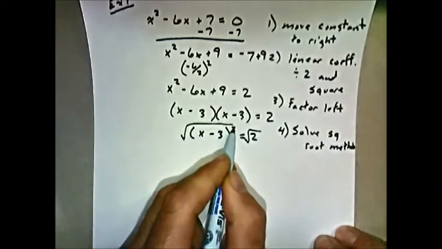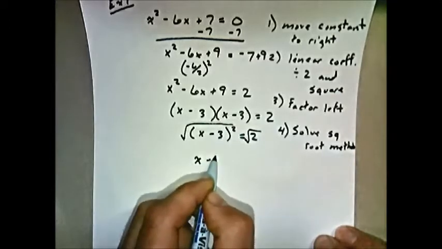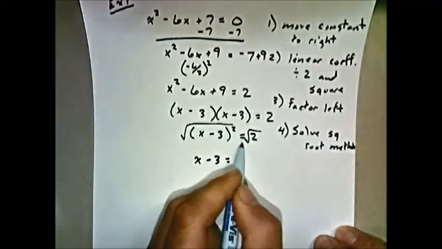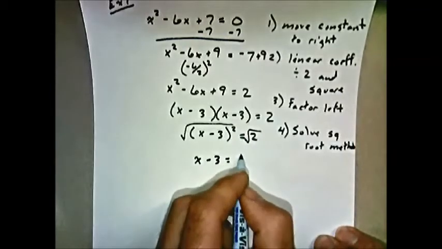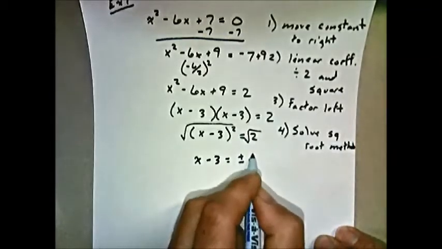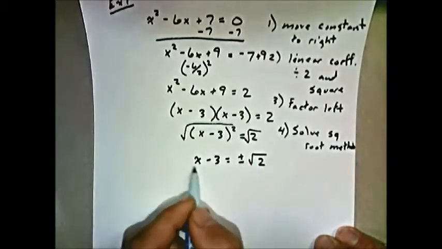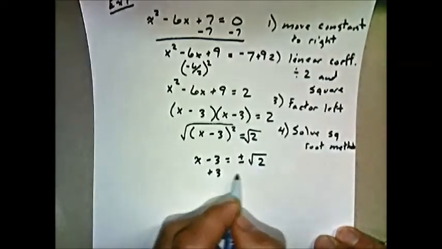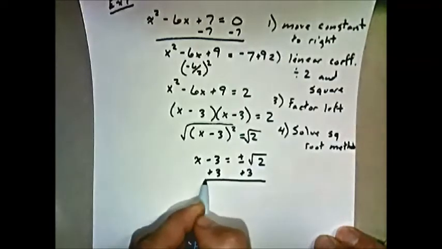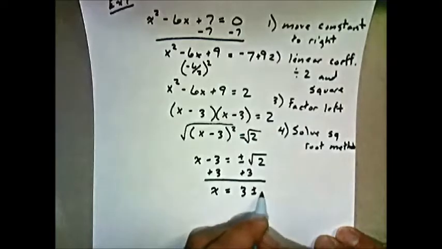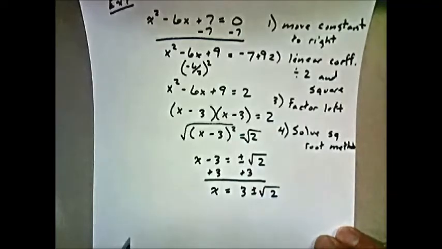If we take the square root of a square, we end up with x minus 3 equals, remembering, if we take the square root of a number, we can have the positive or the negative of that number. We're going to solve for x by adding 3 to both sides. So we end up with x equals 3 plus or minus radical 2.